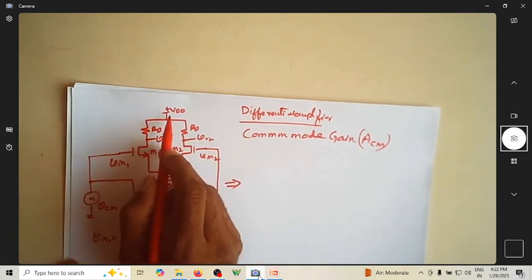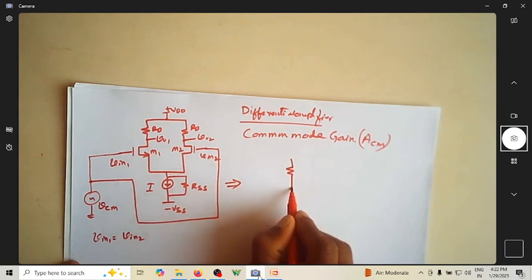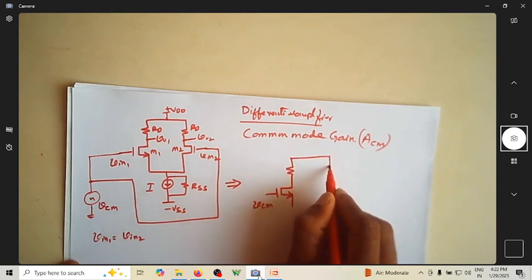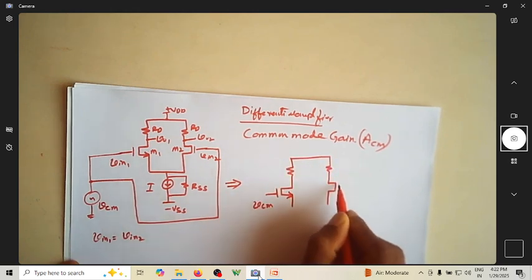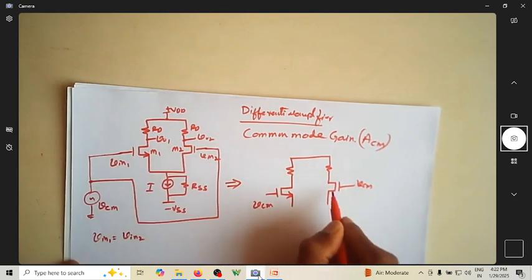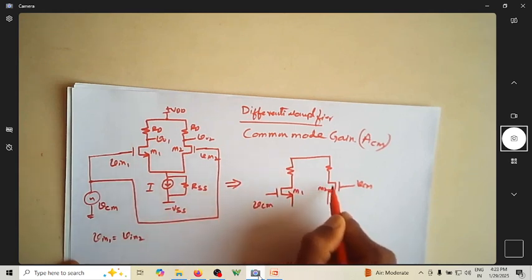For which I will make this VDD an AC ground. Let me write this as VCM here, and this also as VCM. Instead of writing a lengthy wire there, let me write it as on. So this is M1, M2.